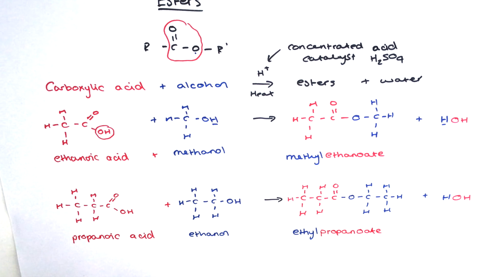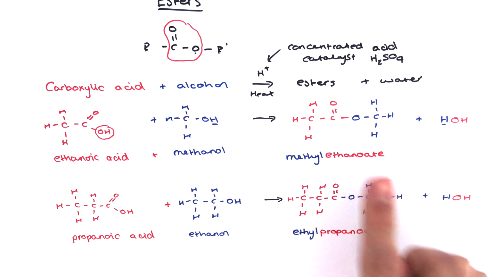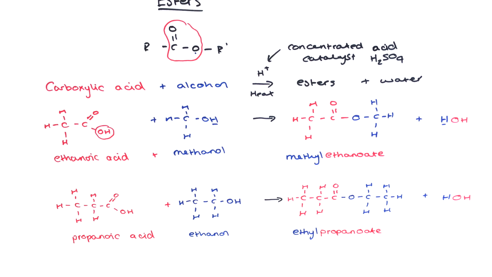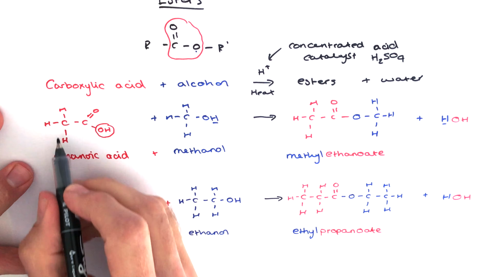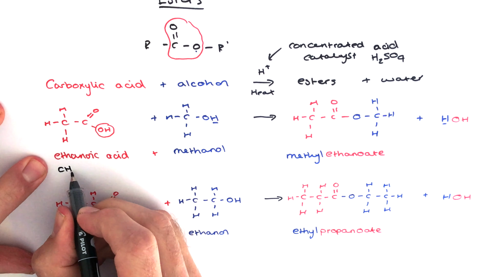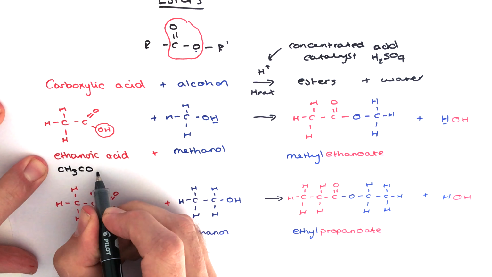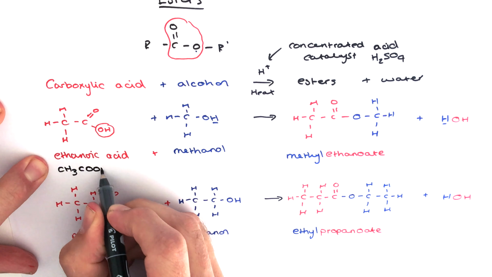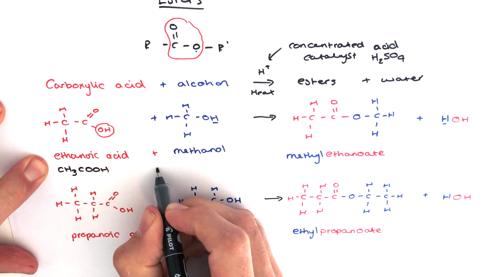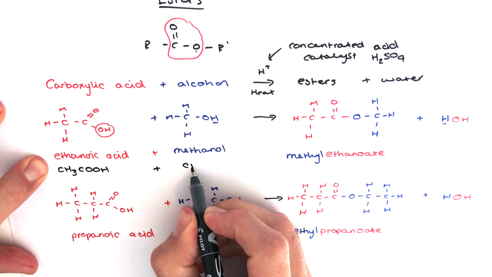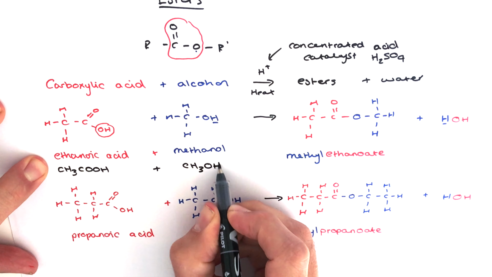You should be able to work out the name of the ester and the structure of the ester from drawing the initial diagrams. One more thing to look at would be what the structural formula would look like for each of these. So if we have a look at this one here, CH3COOH for ethanoic acid. Our methanol is CH3OH.